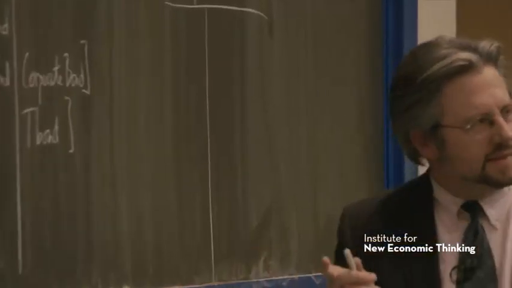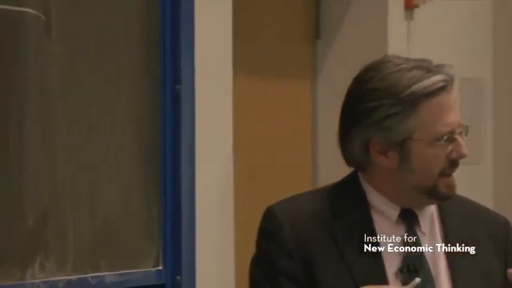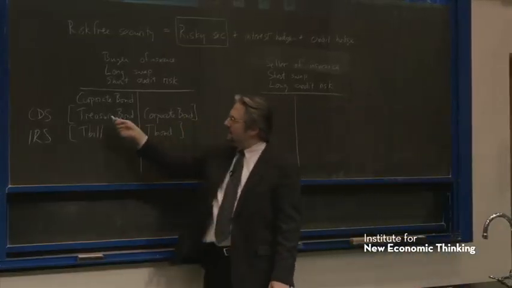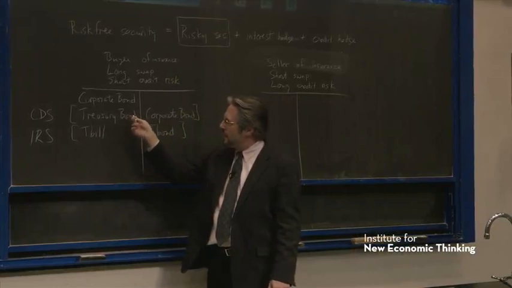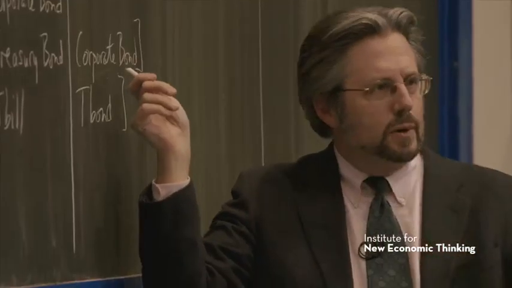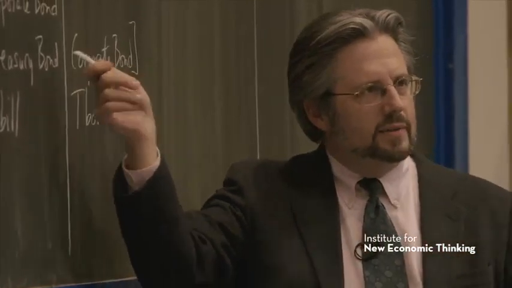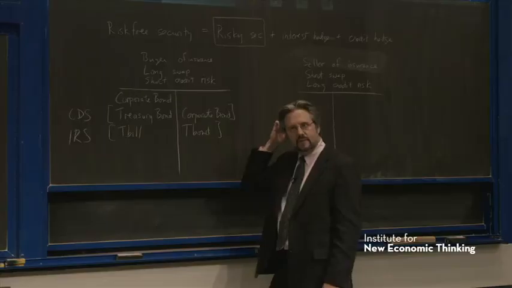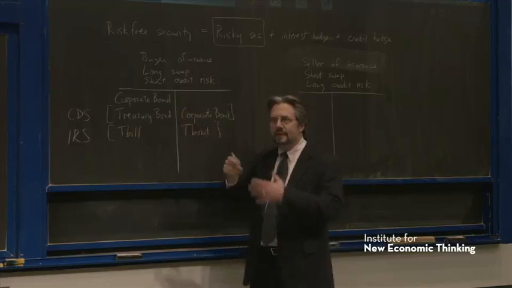In an intuitive sense, I'm going to get more clear about exactly what a credit default swap is, but you're taking this treasury. The important thing is that this treasury bond is the same maturity as the corporate bond. Okay, so all you're really doing is carving off the credit risk here. The net of these two things is the credit exposure.